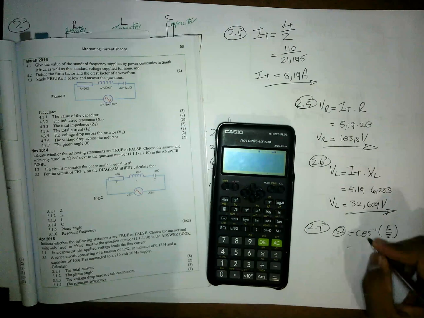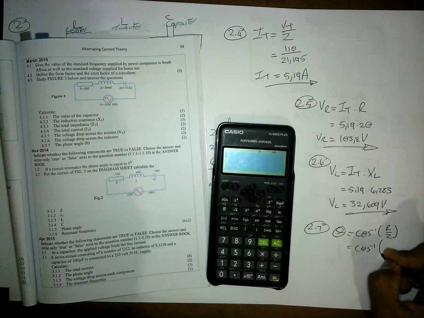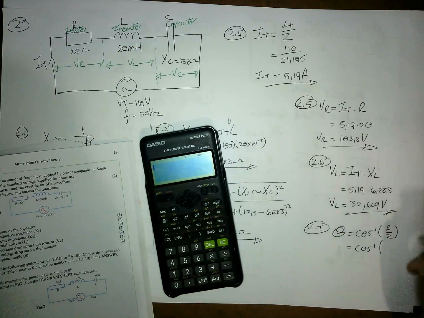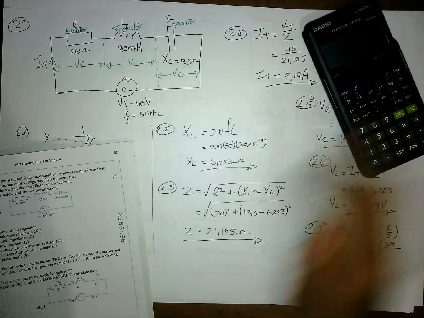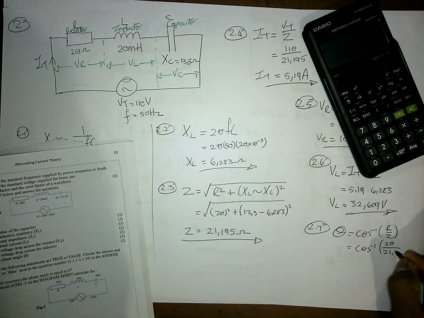So we can have second function cos. Our R value is 20. Our Z value is 21,195.